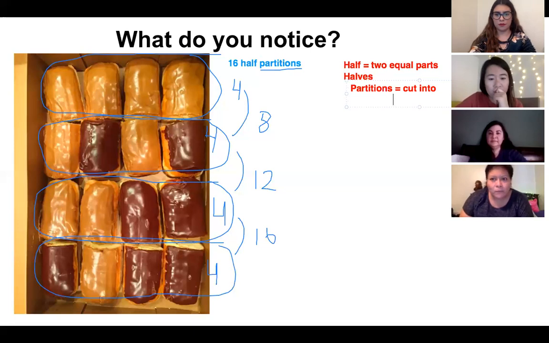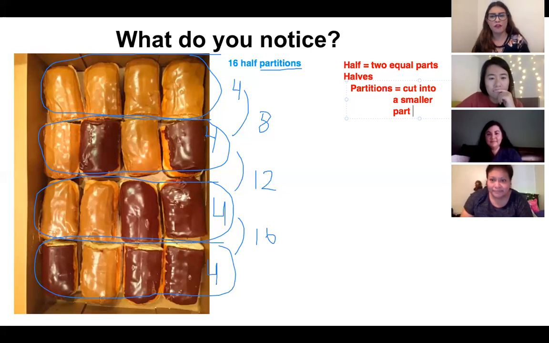That's a big word for our kids to know so soon, but that is what we're working with, a part of a whole. So when we have a part of a whole, we call it a partition. And the word part is in the word partition. Beautiful. So it's a smaller part.